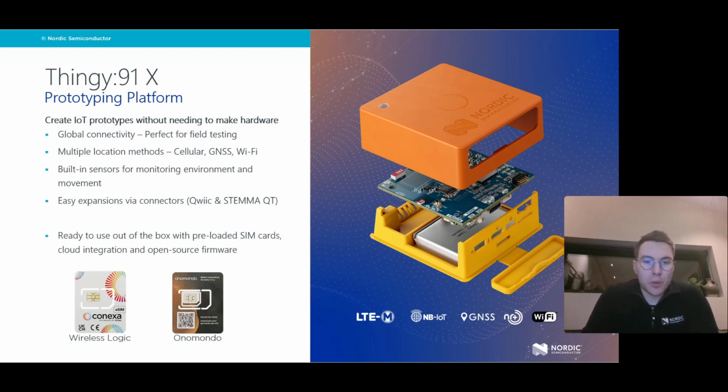And it's one of the simplest onboarding experiences, at least in my view. You just scan the QR code on the device and you get directed to a website where this Thingy91X device you just have turned on will connect to and then start to send data and location data. So you can already get started to test, and then you can go ahead and create your own applications and run that on the device.